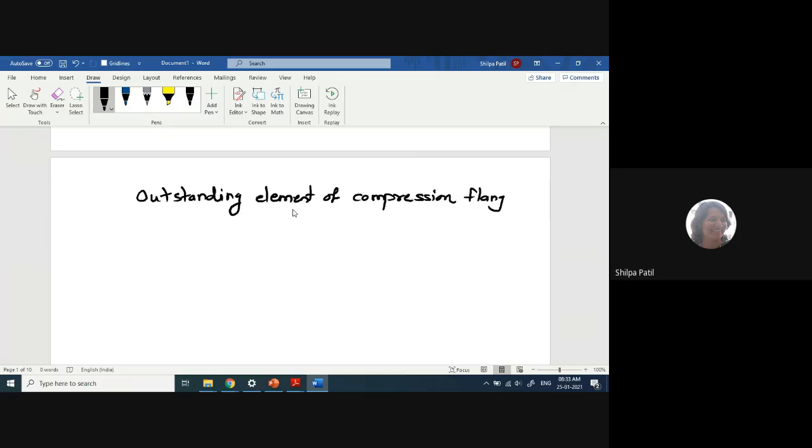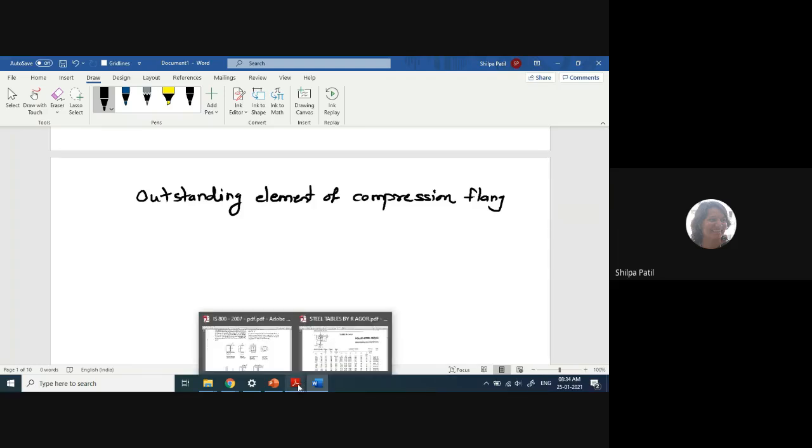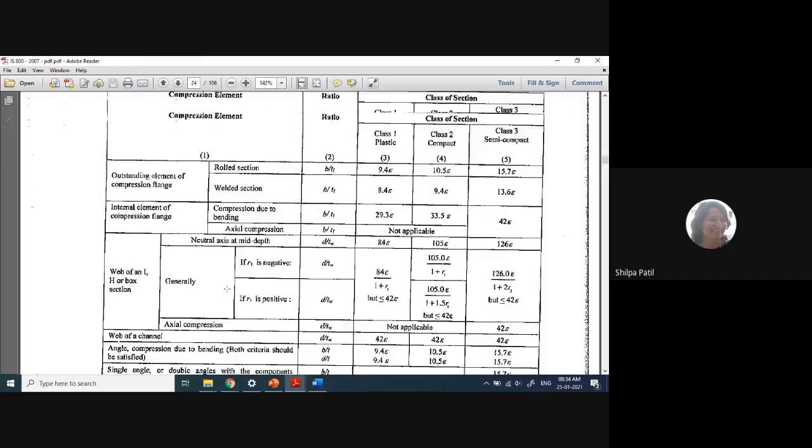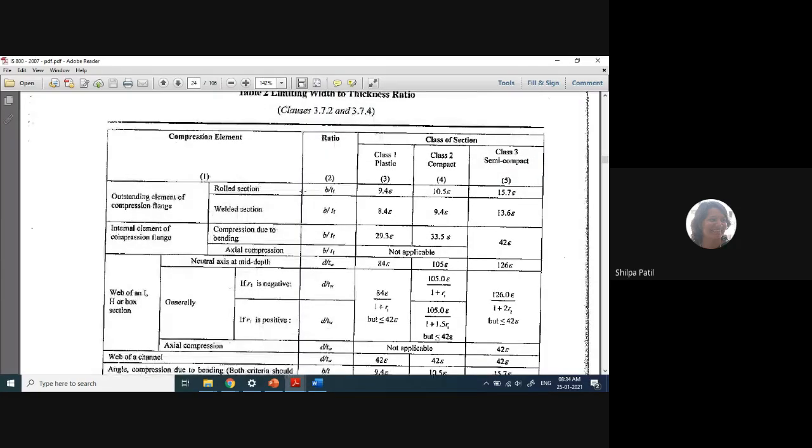What is the ratio? I will go to the IS code. For the outstanding element of compression flange for a rolled section, my ratio is b by tf.